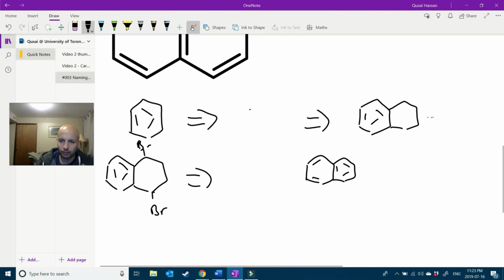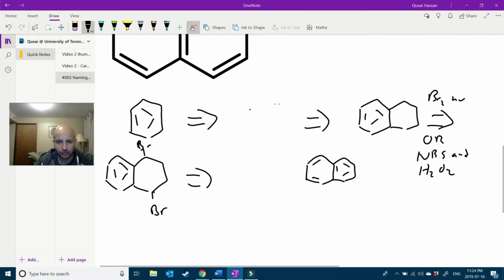Now, the way to get from this compound here to the Brs is by using either Br2 and light, or, sorry, let me just say, or NBS and hydrogen peroxide. So from here we could get the Brs onto the carbons that are directly attached to the benzene, and from there we could do an elimination reaction to get to our final compound.